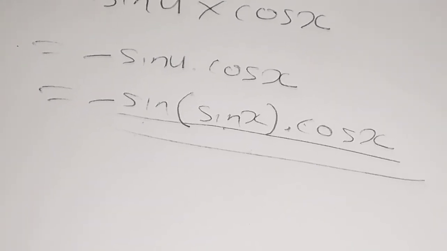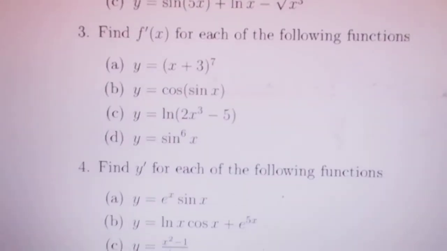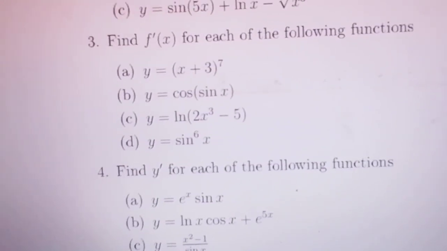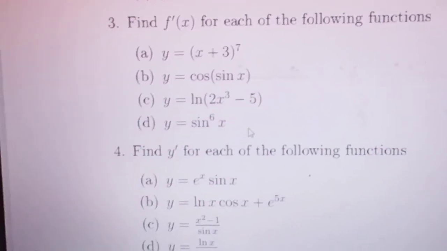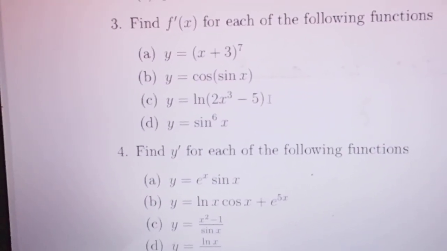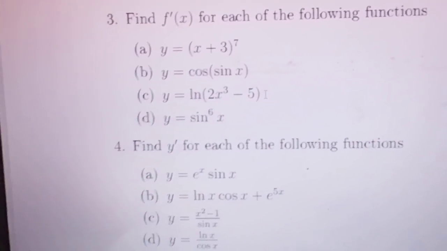So our part C is y is equal to ln of 2x cubed minus 5. Now what is our u? Our u is what's in the bracket.